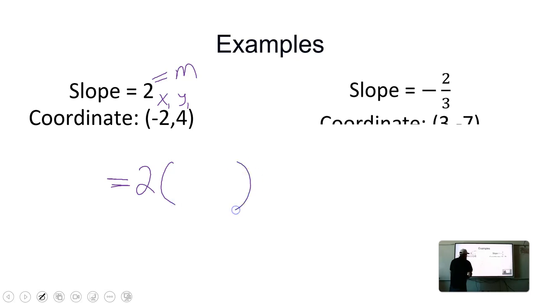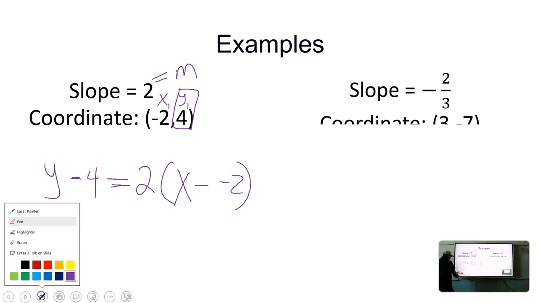We're going to have some parentheses here. Okay, and in the front, we're always going to have our y, and then we're going to minus the y1. This is the y1, so we're going to put a 4 right here. Then we always put an x right here.